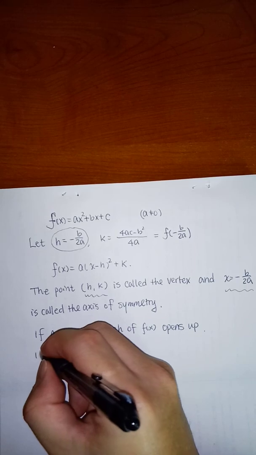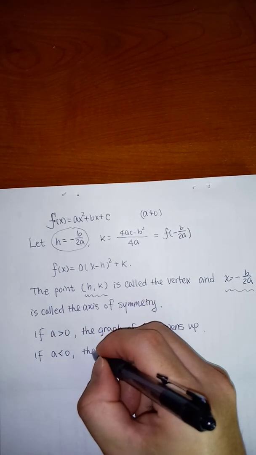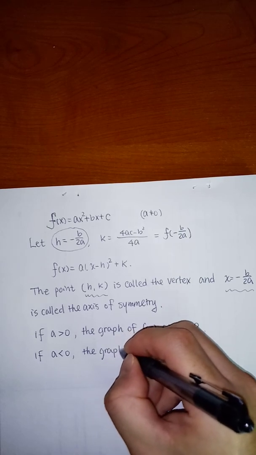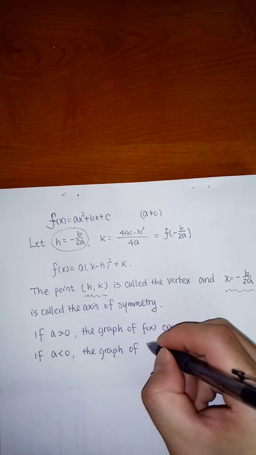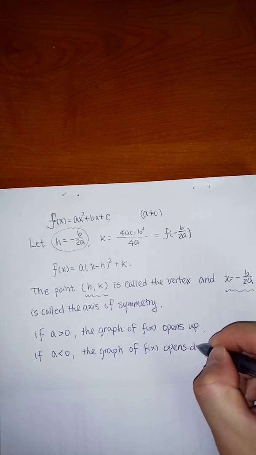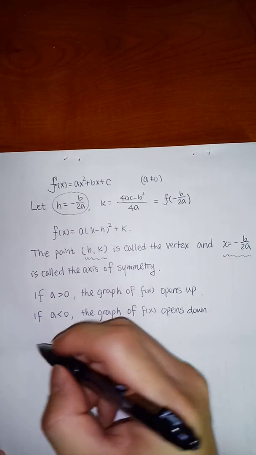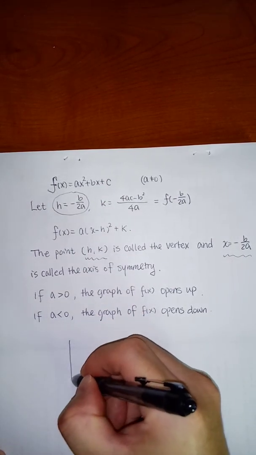If a is negative, the graph of the quadratic polynomial opens down. Okay, so let's draw them.